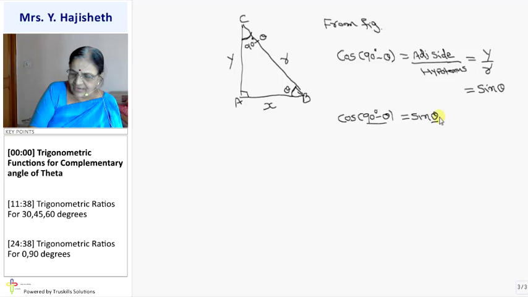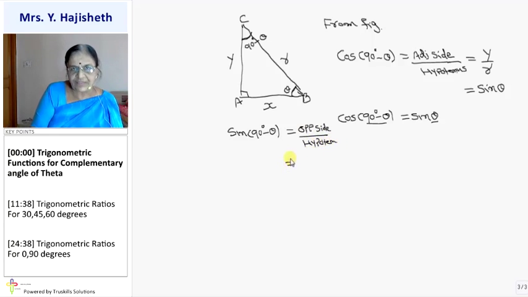Similarly, I will get sin 90 minus theta is opposite side upon hypotenuse. So the opposite side is here, x, and hypotenuse is r. So the opposite side for 90 degree minus theta is x.